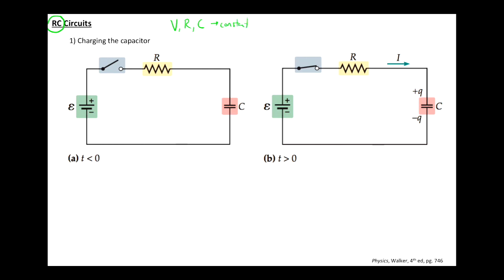You can think of those as the physical things in the circuit that I built it with. I took a voltage source, a battery, or some combination thereof, and some resistors and capacitors, and those are going to stay constant. However, the current in the circuit and also the charge on the capacitor and the potential difference across the capacitor are going to be changing with time.